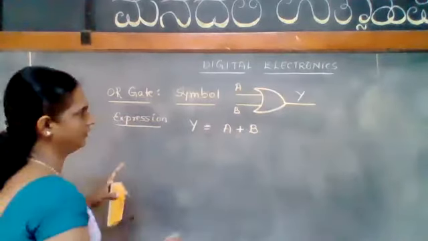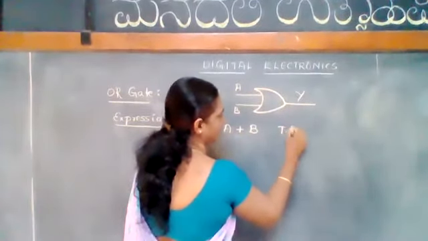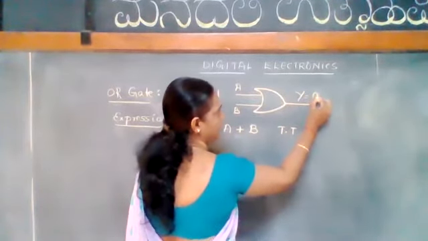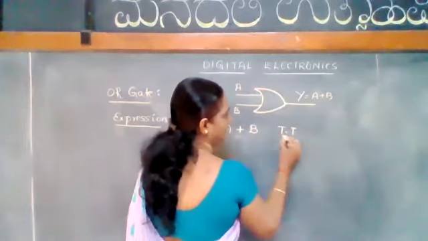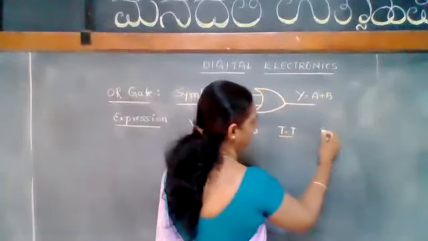Now, how to write the truth table? Write the truth table here. This Y is nothing but A plus B. Truth table, all the possible combinations, let us write.